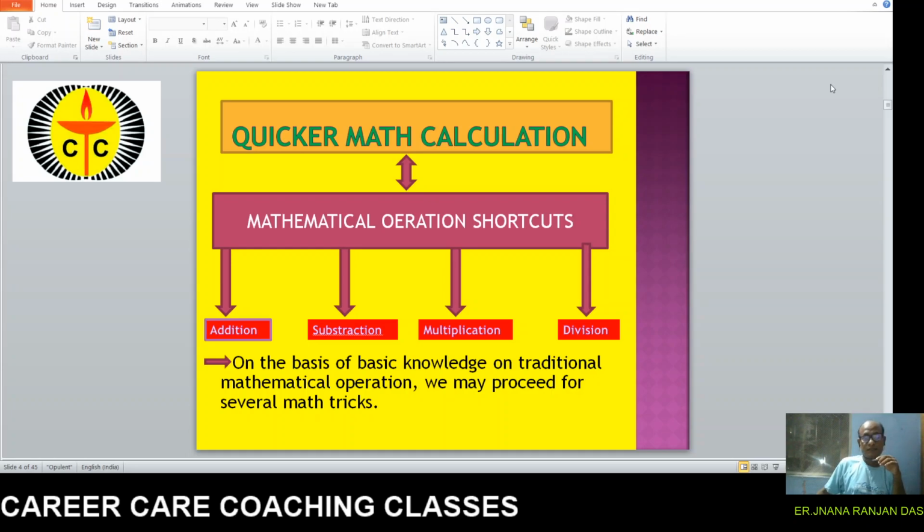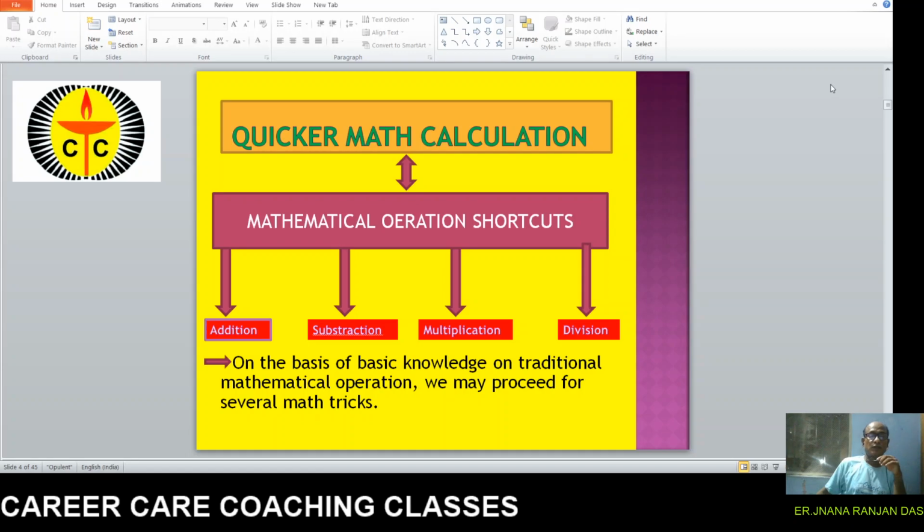But applying this traditional procedure for evaluating answers in your question paper will be a very tedious and time-consuming task, and it will not help you at all to attain maximum marks in competitive examinations.